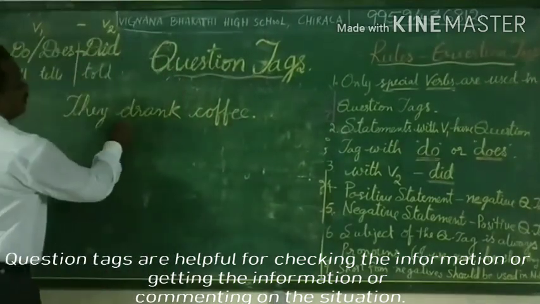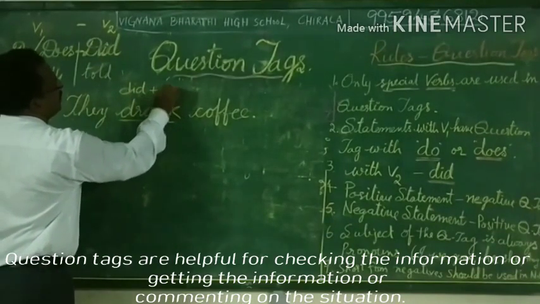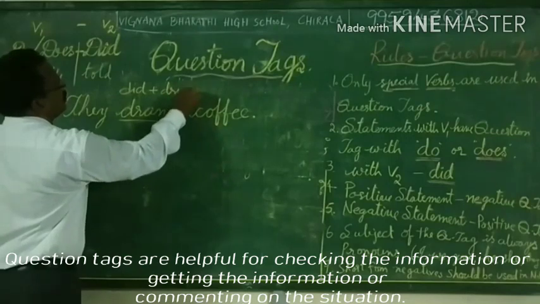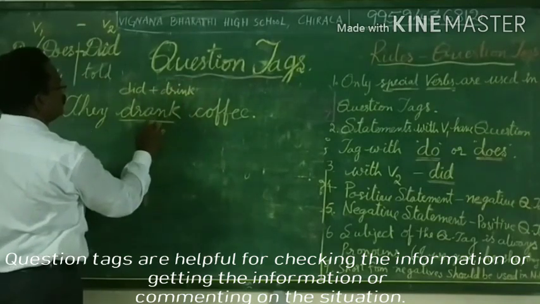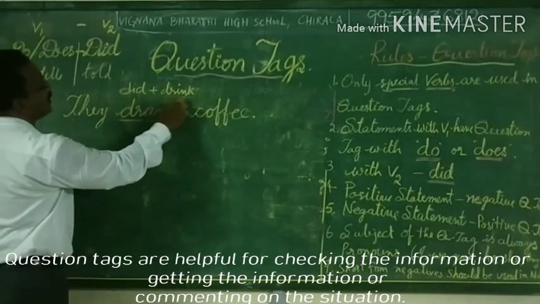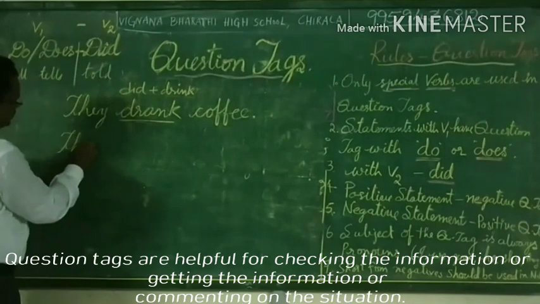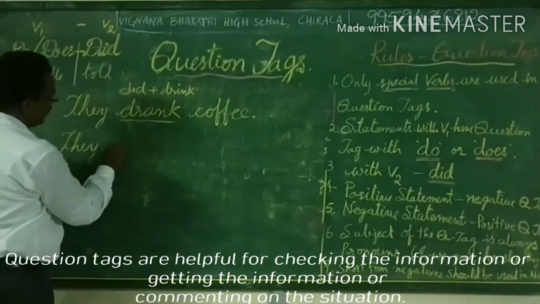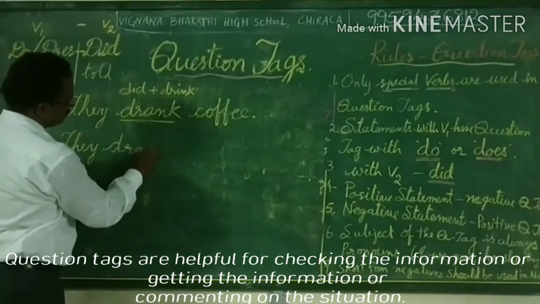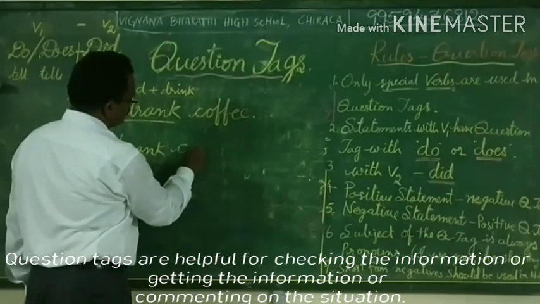Here, drank, did plus drink. This is verb 2. The root form of this verb 2 is verb 1, drink, D-R-I-N-K, drink. So here, this sentence, they drank coffee.